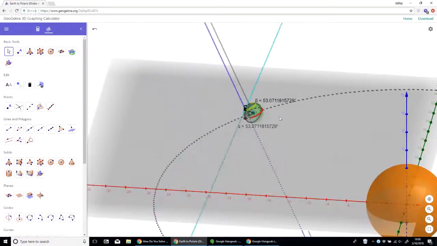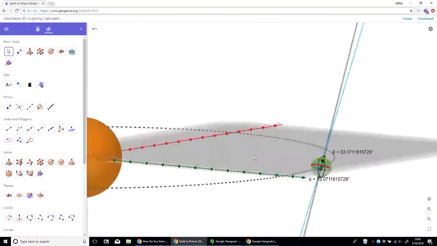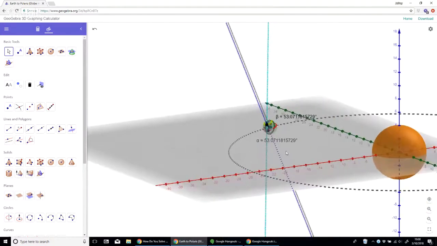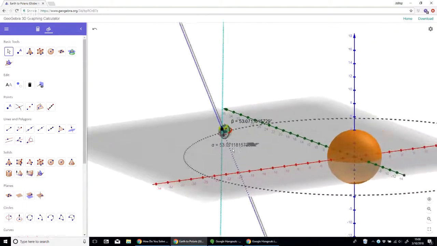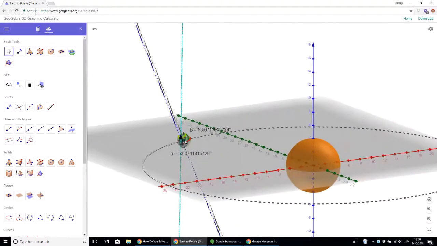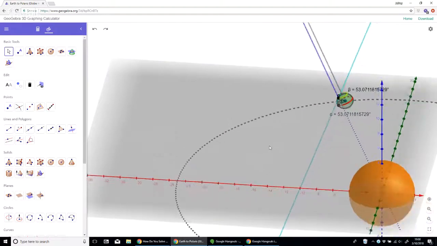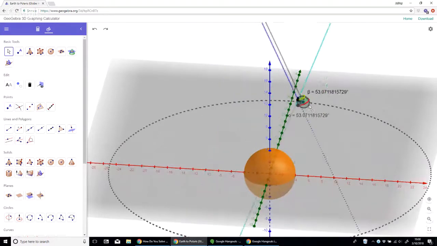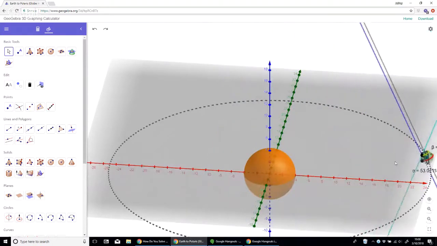Okay, so I could move the Earth. Oops, I could give myself a headache. I could move the Earth, if I could actually move the Earth, if this would work properly. I could move the Earth all the way over here.